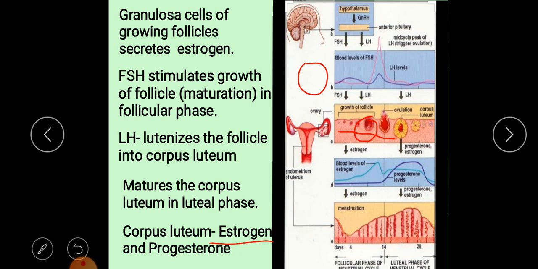In the thecal cells, the LH hormone stimulates proliferation, and these thecal cells use that cholesterol to form androgens and then release those androgens.